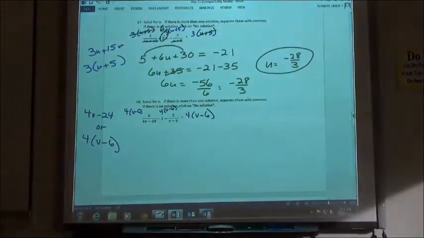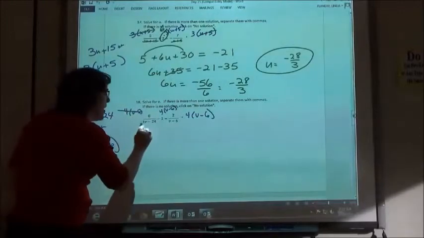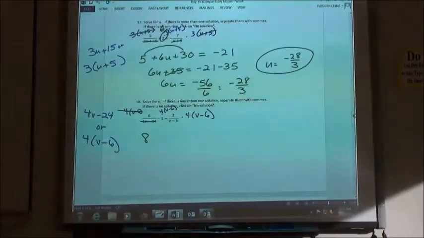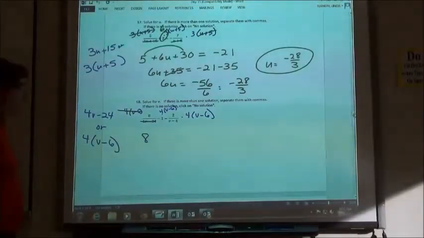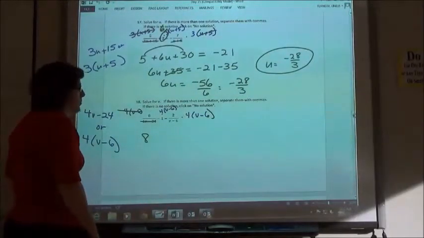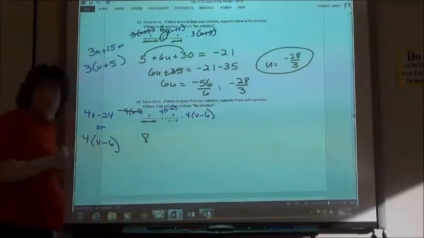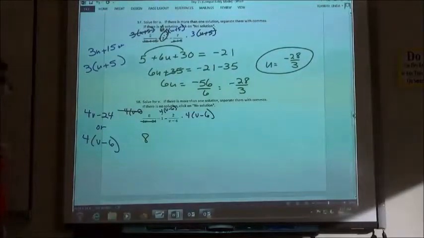Then what's going to happen? Okay, the first one, we are going to cancel the whole bottom out, just get an 8, exactly. Minus, oh, I didn't put that one there. 4 times v minus 6. So that's going to be minus.